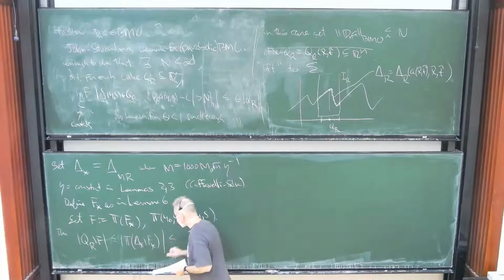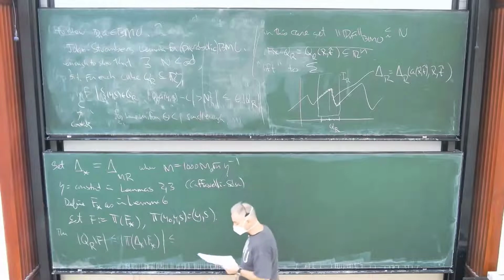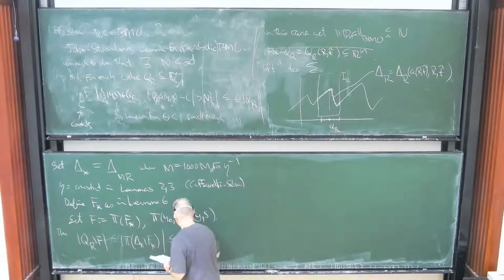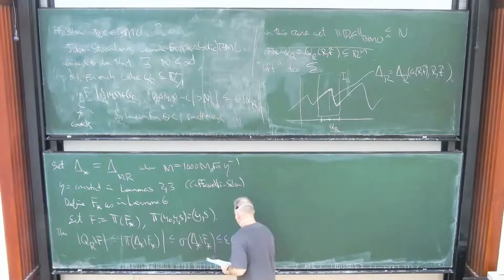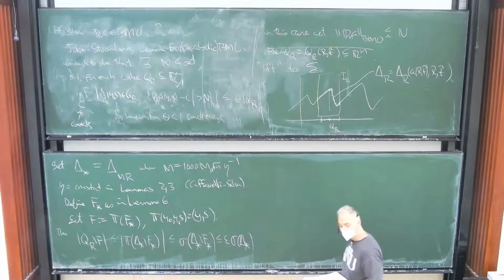And since Hausdorff measure does not increase under a projection, this is less than or equal to the sigma measure of Delta star minus F star, which is less than or equal to epsilon times the sigma measure of Delta star. That was the content, or part of the content, of lemma 6.